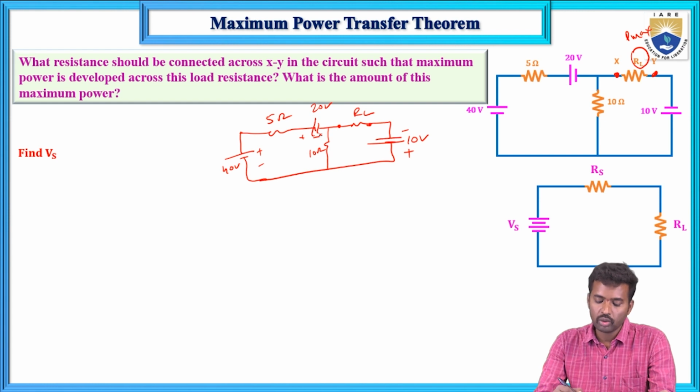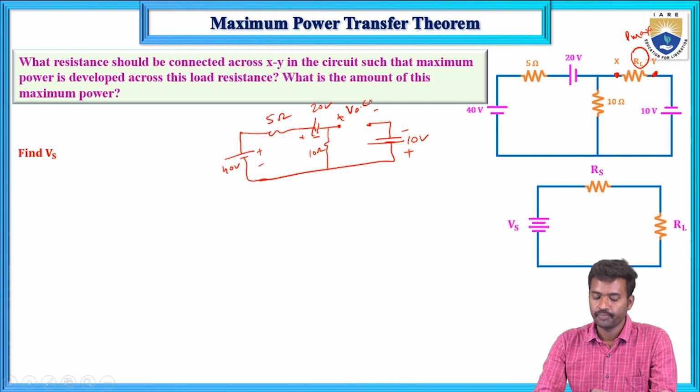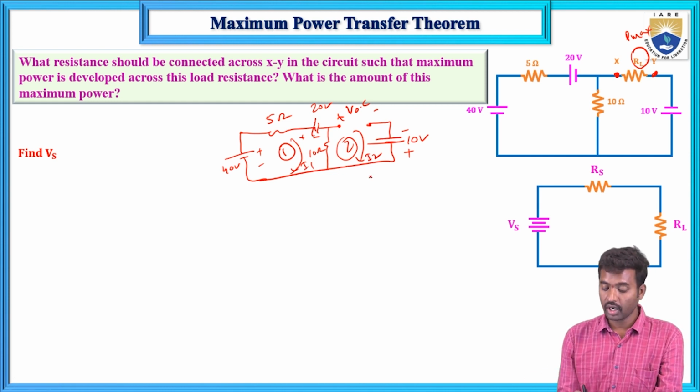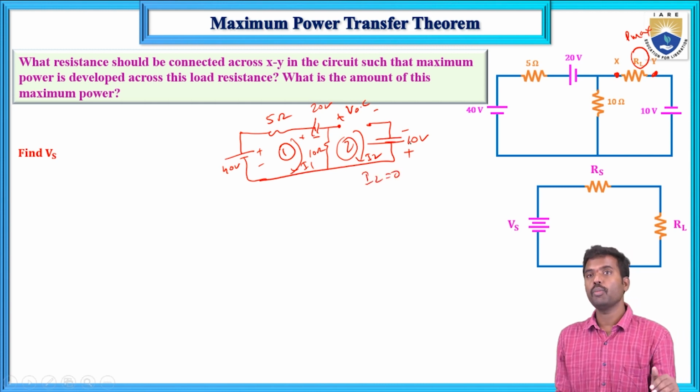Now remove the load resistance from the given circuit and calculate the open circuit voltage VOC. How many meshes are there? Mesh 1 and mesh 2, with mesh 1 current I1 and mesh 2 current I2. I2 equals 0 because it is an open circuit.